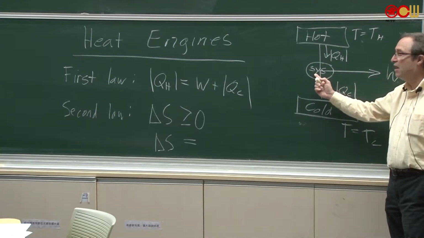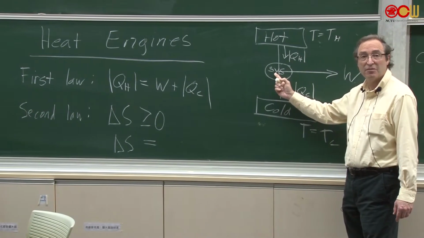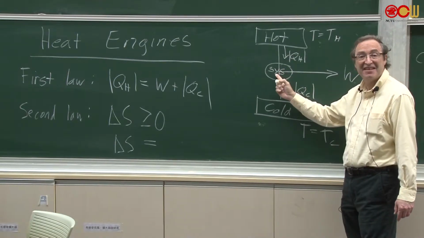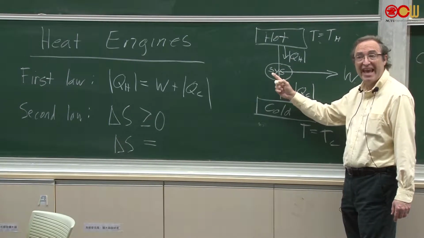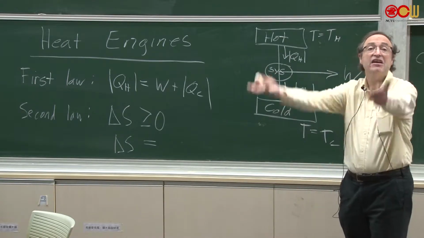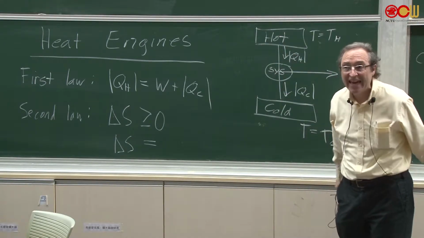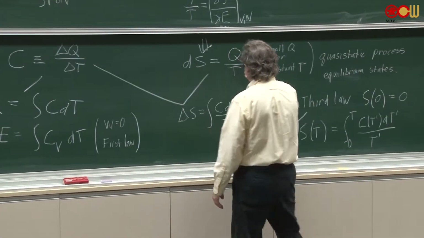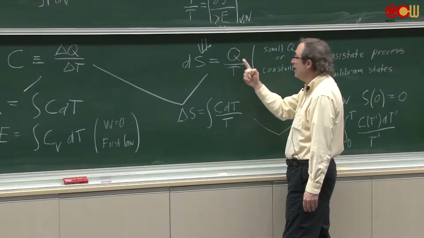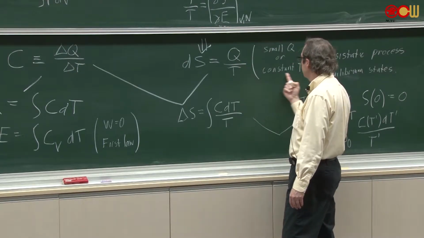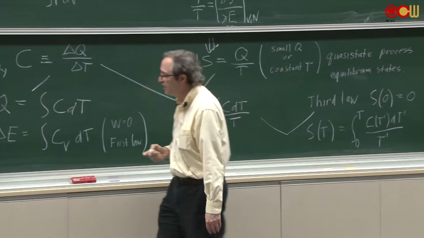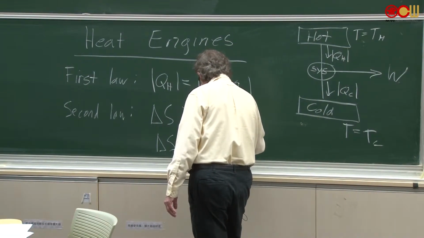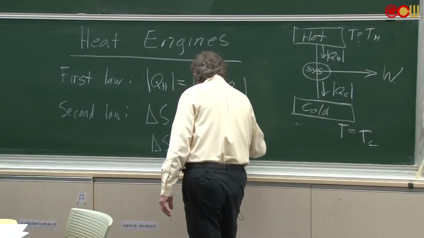well, we want to know the change in entropy of the system. All right? So we have QH going into the system. So the entropy of the system is increasing, right? We're putting energy into the system. So by this, QH is going in, T is constant. Okay, so we can use that. So delta S is QH divided by TH.